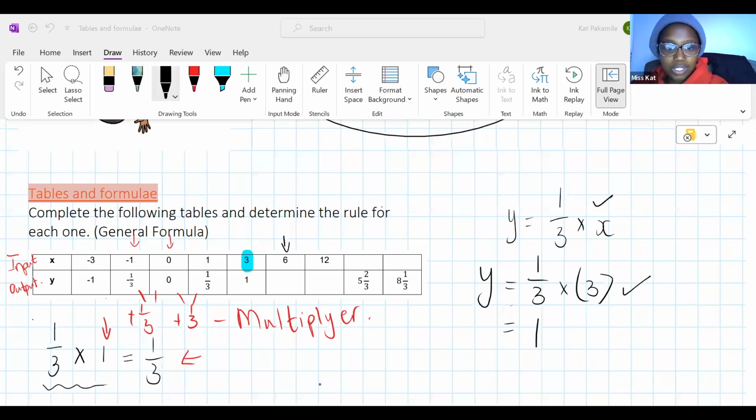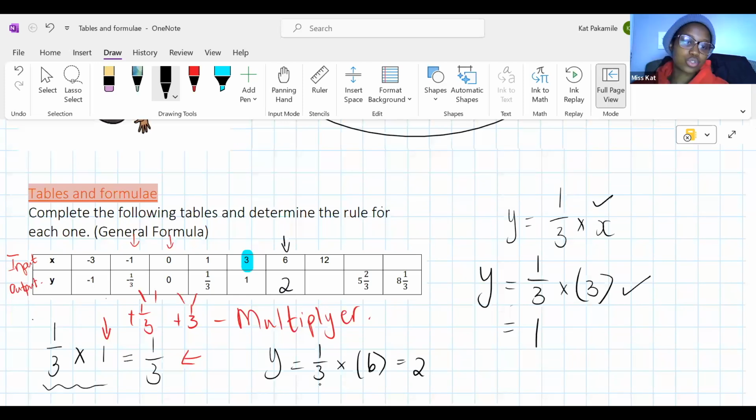If I input 6, y is equal to a third times 6, which will give me 2. So put a 2 there. If I input 12, what would my output be? 4. If you say y is equal to a third times 12, the answer will be 4.